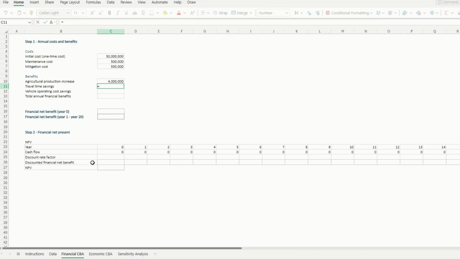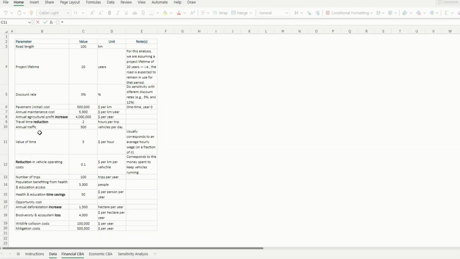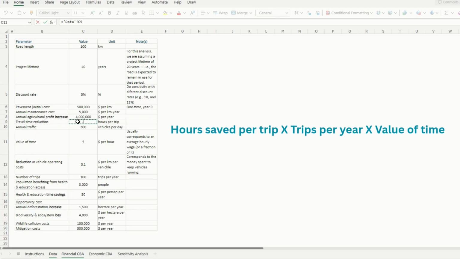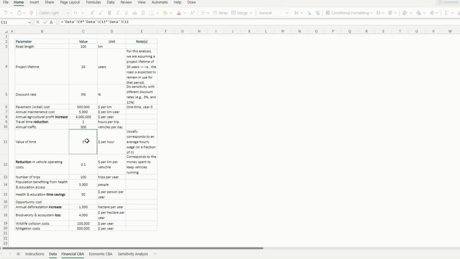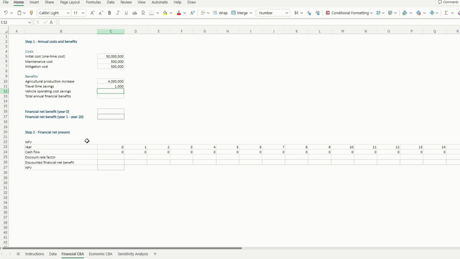Let's see, the formula will be the travel time reduction, which is 2 hours per trip, times the number of trips per year, times the value of time, that is dollars per hour. So that's the formula that we are going to use. And this captures the efficiency gains for all road users.